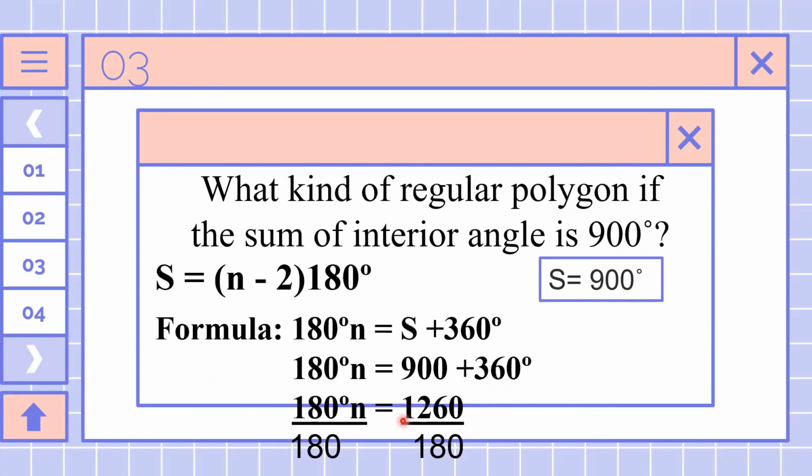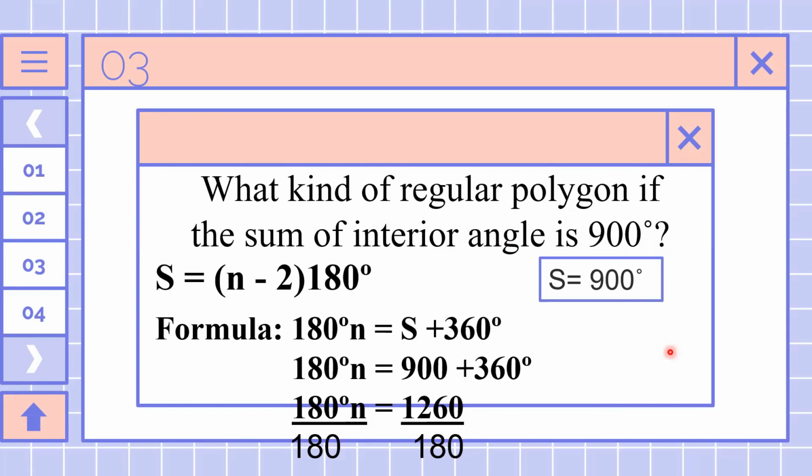So para n na lang ang mabilin, i-divide nato na sila both side og 180. Okay? Para n na lang ang mabilin kay ang n man atong pangitaon, tama? Kay mao ni ang n ang number of sides ato ang polygon. So para makita na, para mabala na to ang pangalan sa atong regular polygon, syempre pangitaon na to ang number of sides. Kapag makita na to ang number of sides, makabalo na ta ay kanina siya nga polygon kapag iyang sum of interior angle is 900 degrees. Alright?